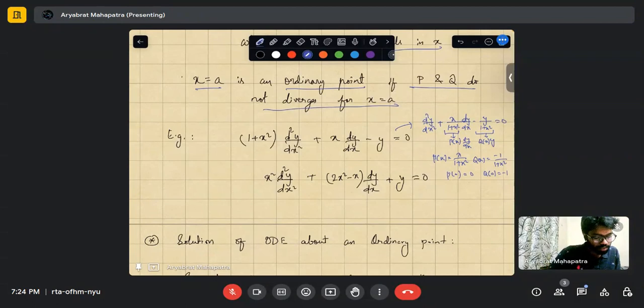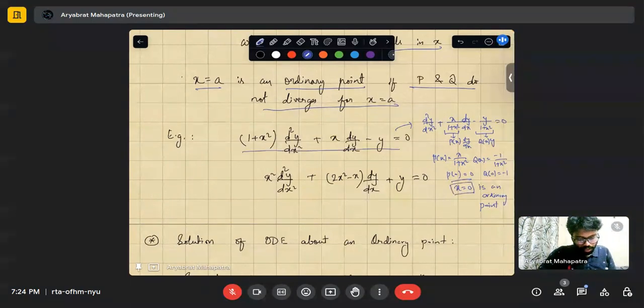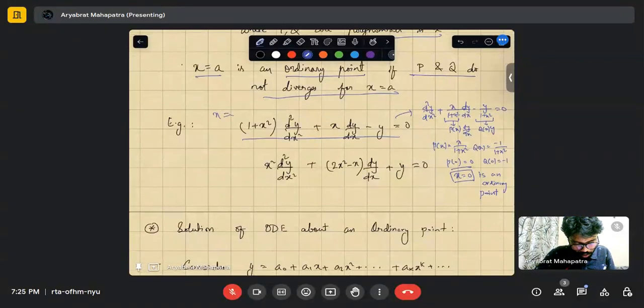That is why we can say that x equals to 0 is an ordinary point for this differential equation.